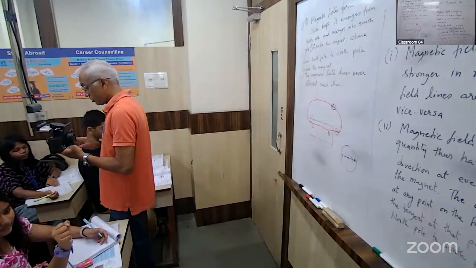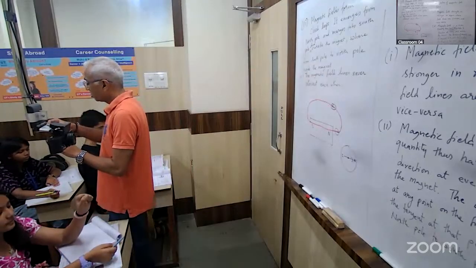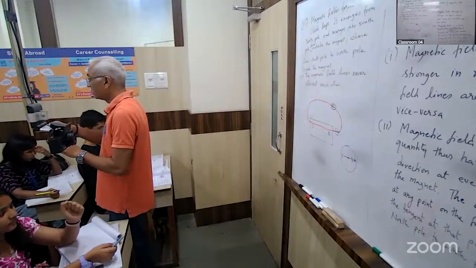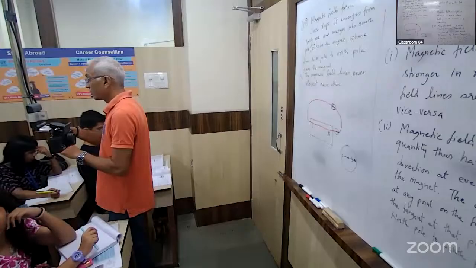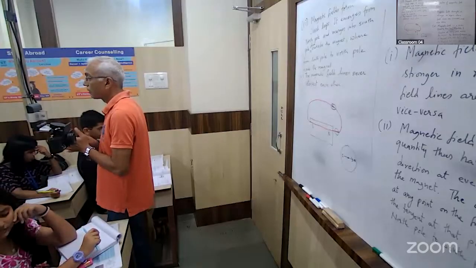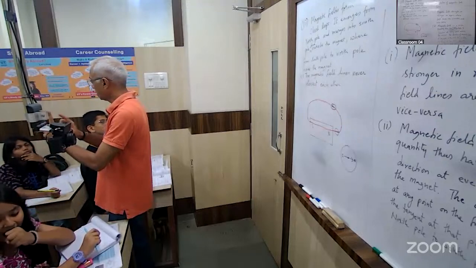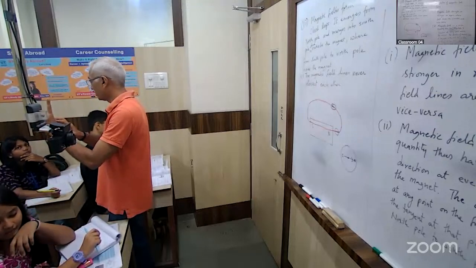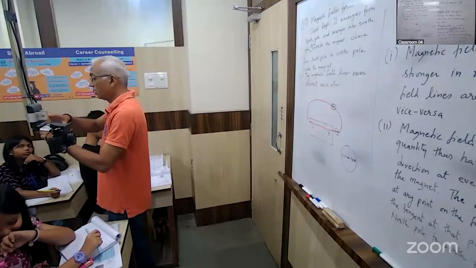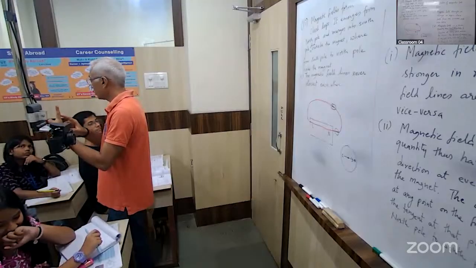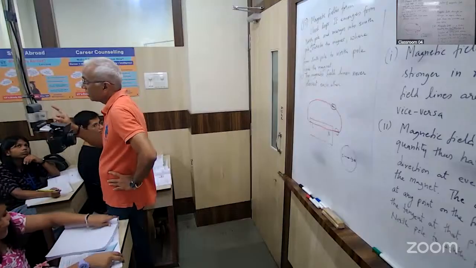So whenever current is flowing through a wire, when you keep a magnetic compass near it, it shows deflection. So what does this tell you? Let us say there is a circuit, and there is no current flowing in it. And let's say there is some plane where you have kept a magnetic compass. So when the current is not flowing through it, what is the default direction of the magnetic compass?